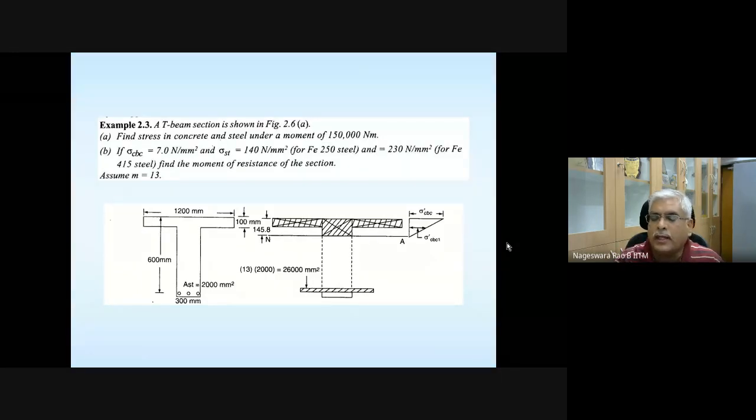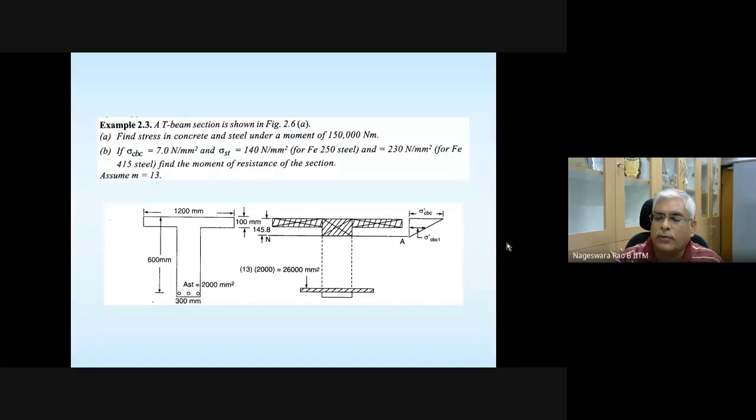Now coming to flexural analysis. In flexural analysis, the first step is to find the neutral axis depth. How do you get the neutral axis depth? You need to take the moment of area in compression. Because we want to find the neutral axis depth, we take the moment with respect to the neutral axis.